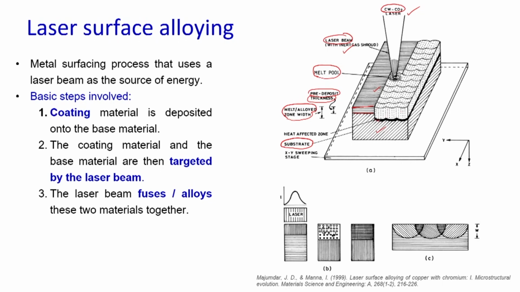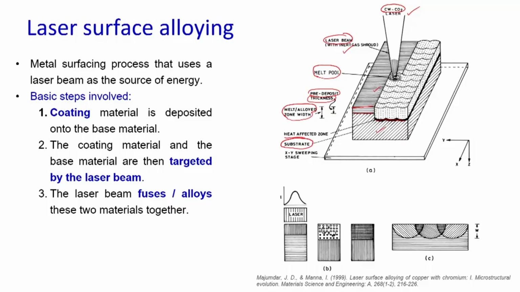We also got some heat affected zone. So, wherever there is a transition of the alloyed layer with the substrate material, we get another zone that is called the heat affected zone. Here the peculiarity of alloying is that we get an entirely different mixture and its properties are entirely different. However, the thickness of the alloyed layer is comparatively less.